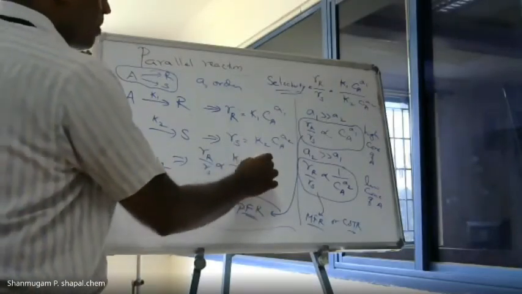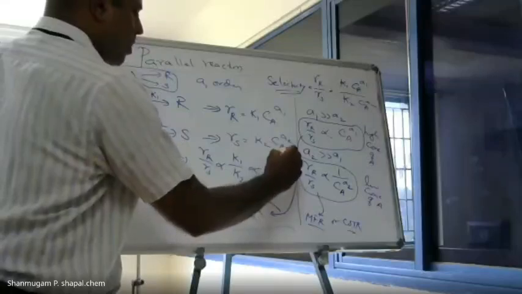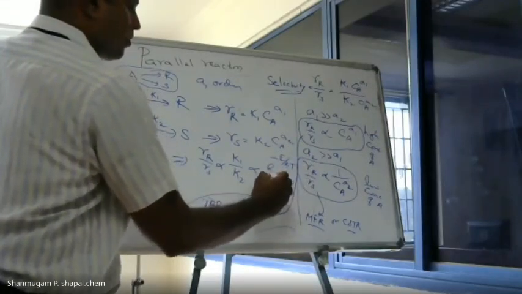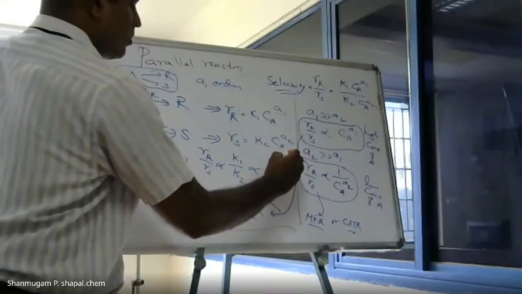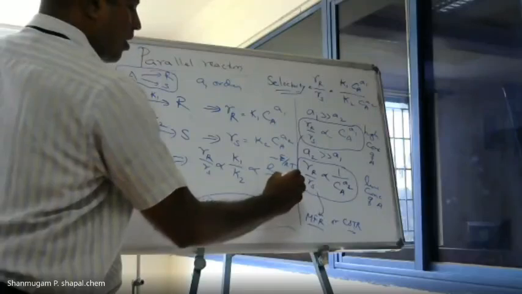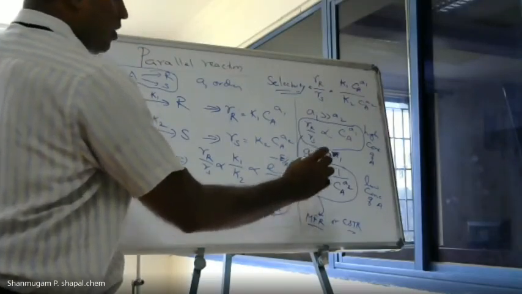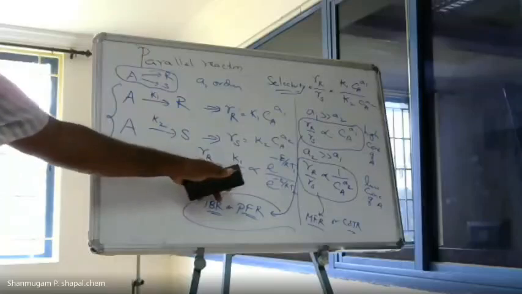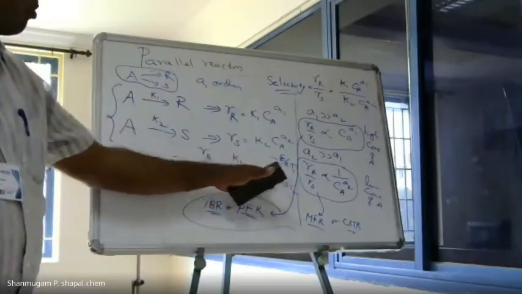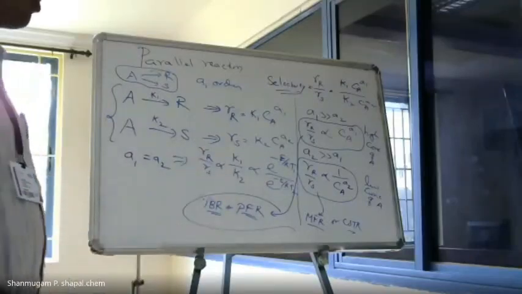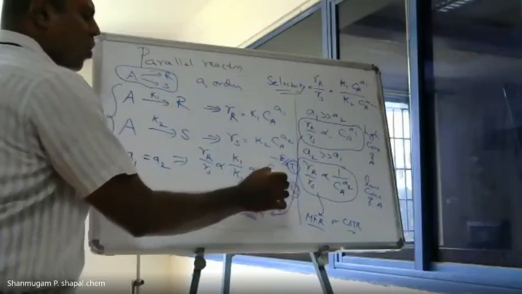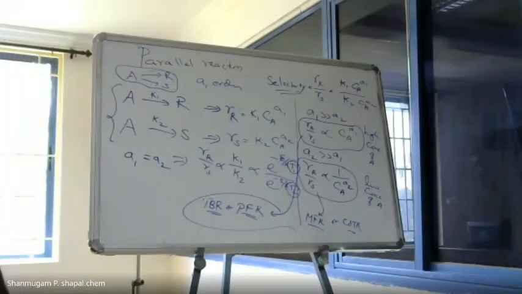So this is more dependent on K, and K is more dependent on the temperature. That means it is proportional to each other. So the temperature parameter will play a main role in the selection of the selectivity.